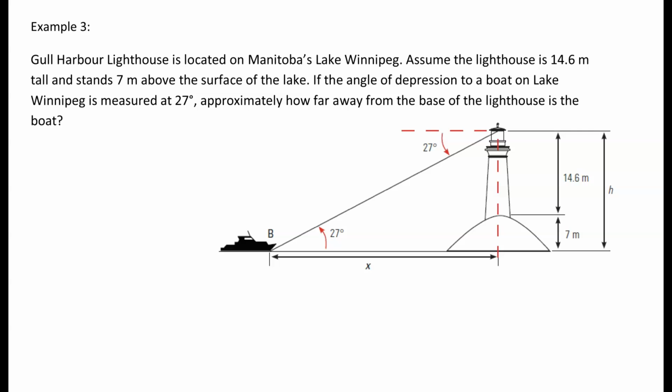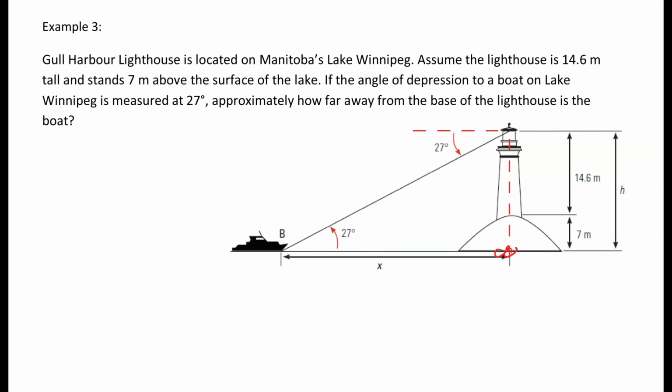So they've drawn out the diagram here, and we have our measurement of our angle, which is 27 degrees here, which is also the same angle on the bottom here. So that's our 27 on the bottom there. And we're trying to figure out approximately how far away from the base of the lighthouse.